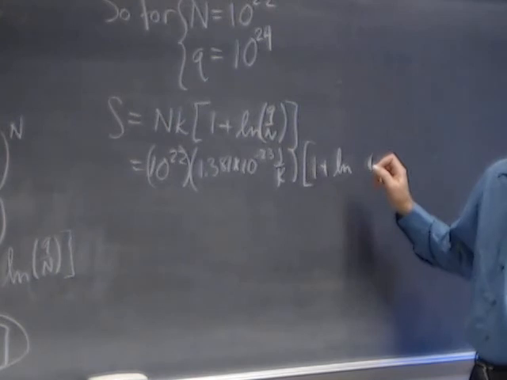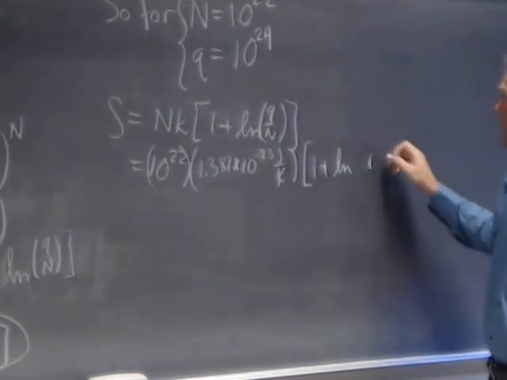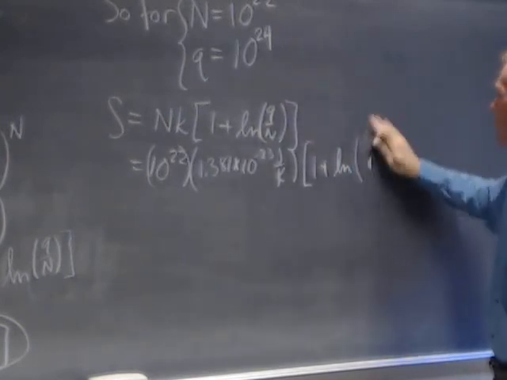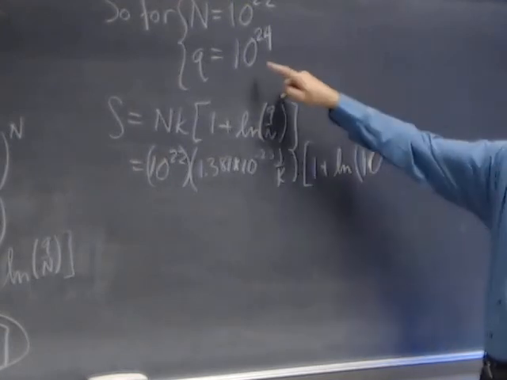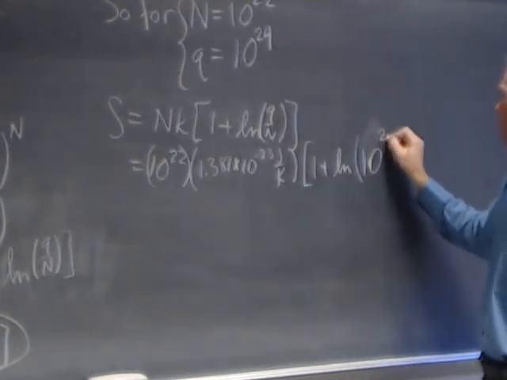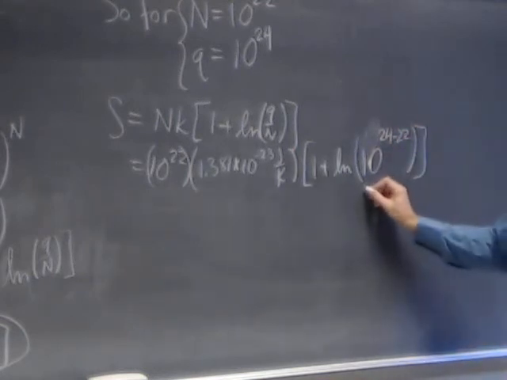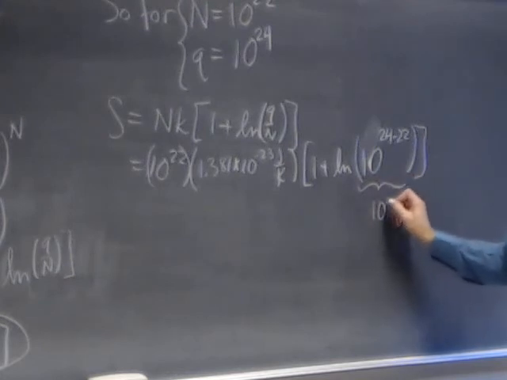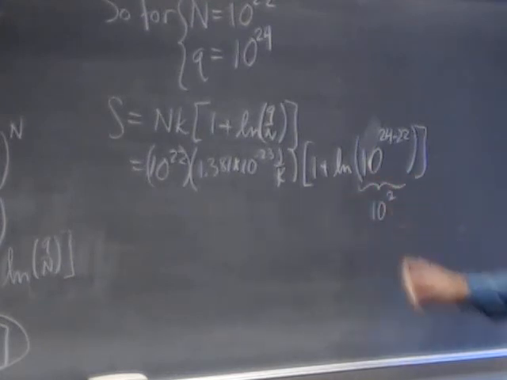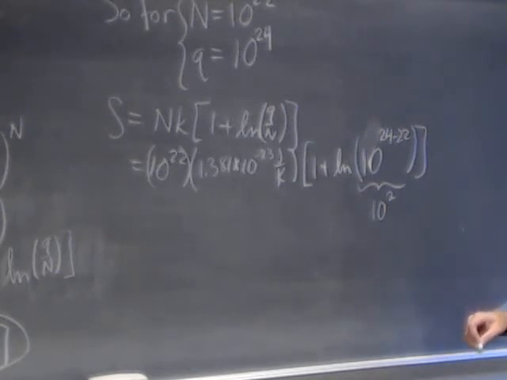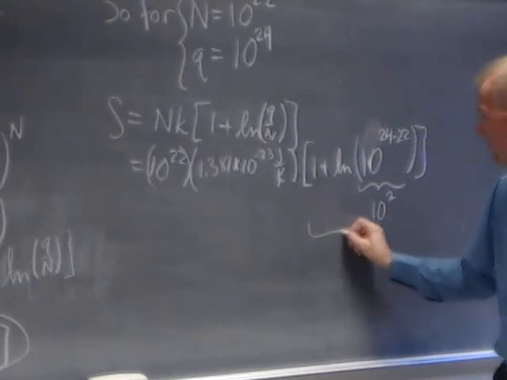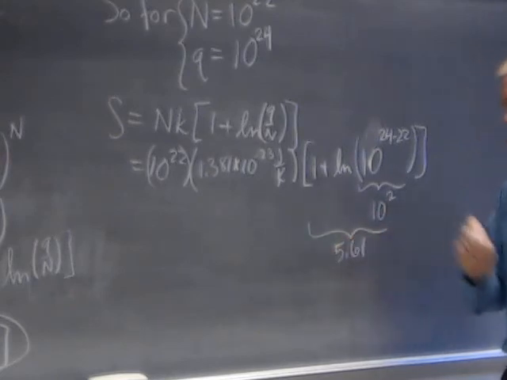So that's 10 to the 24 minus 22. That's 10 squared, so that's natural log of 100. What's the natural log of 100? 4.61 plus 1 gives us 5.61.